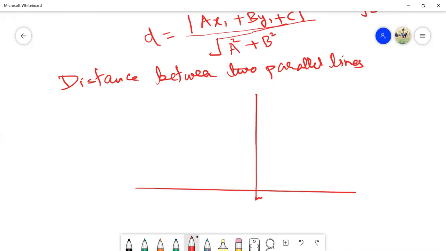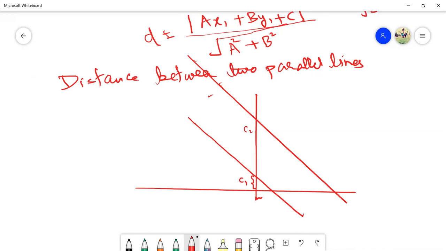There are the x-axis and y-axis, and there is a line here, and another line is this, suppose this one. These are the two parallel lines, and this is intercepting on the y-axis at a distance c1, and this whole distance from here to here is c2.